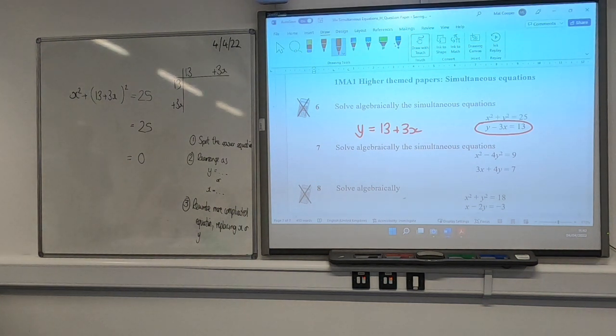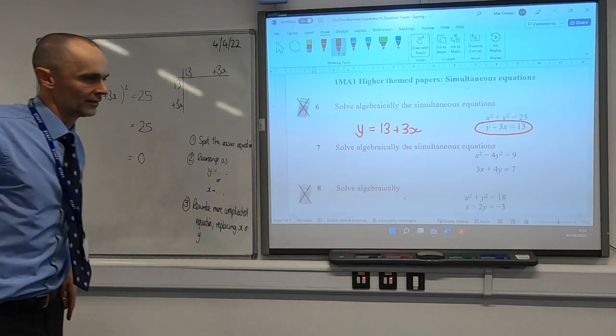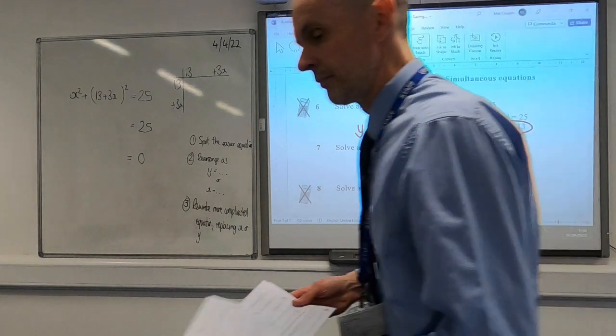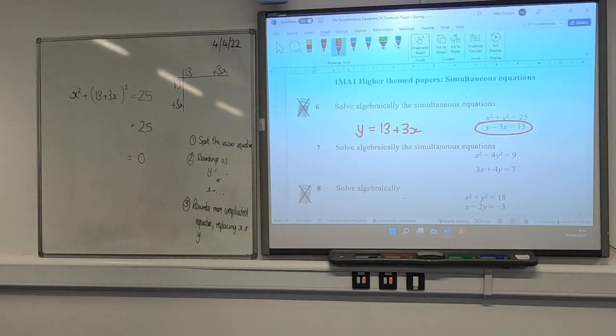So you're going to multiply out the bracket, and away you go. So what's 13 squared again? 169.